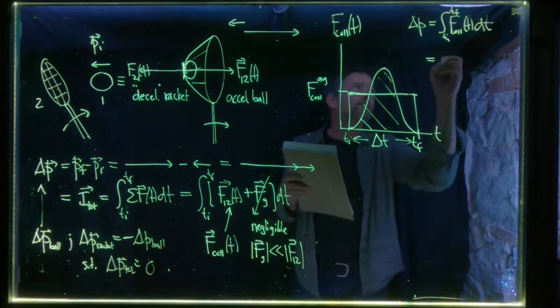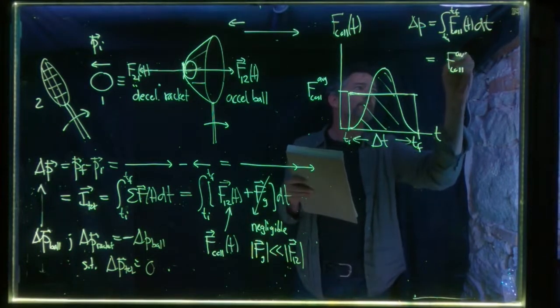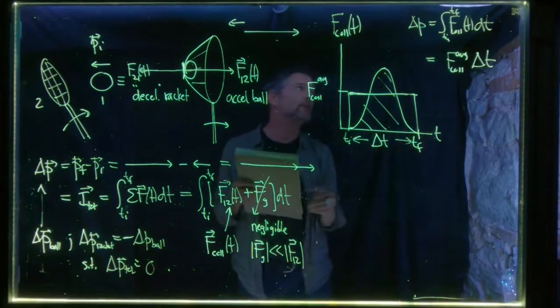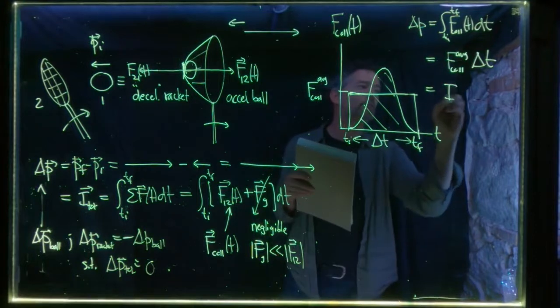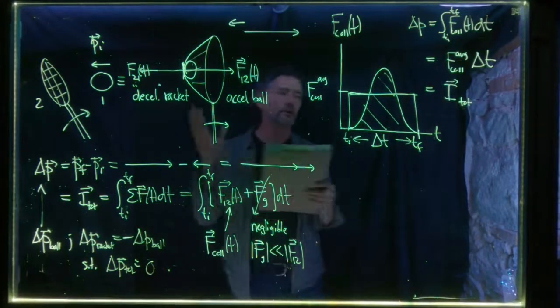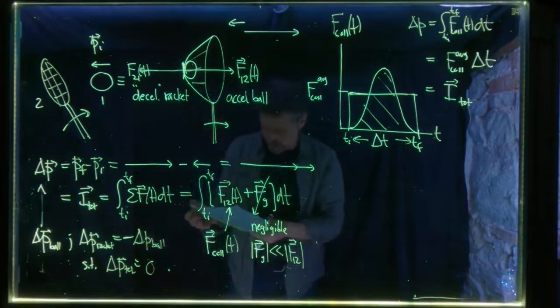Okay, so this is the same as F collision average, a constant force acting over that same finite time interval. And that is equal to the impulse imparted to that ball, the momentum transferred to that ball. Okay, very good.